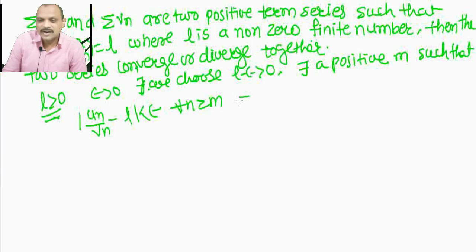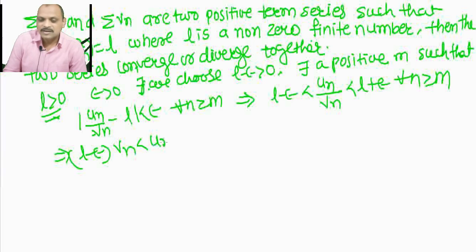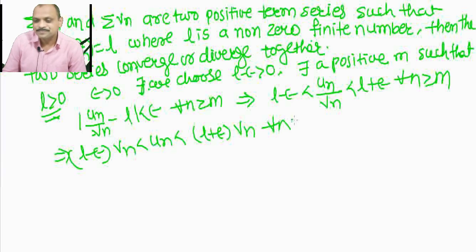From this we can write L minus epsilon is less than Un divided by Vn is less than L plus epsilon for all n greater than or equal to m. Or from this, L minus epsilon into Vn is less than Un is less than L plus epsilon into Vn for all n greater than or equal to m. This is equation number 1.